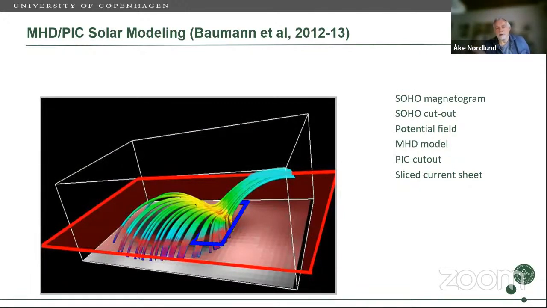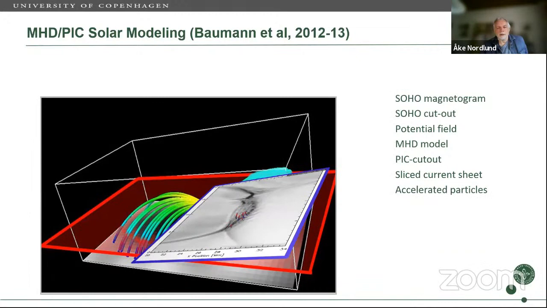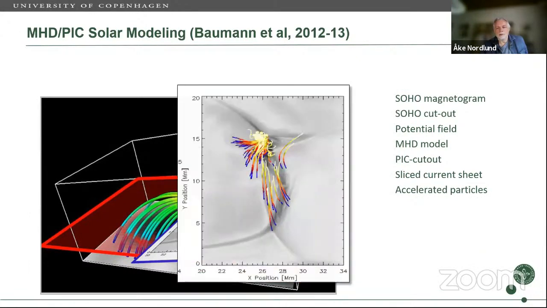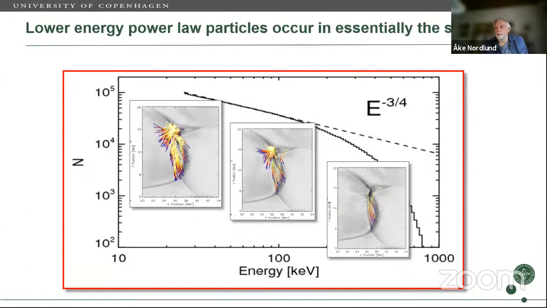Because doing particle-in-cell simulations of the whole sun or whole active region is basically impossible. But you only need it in the neighborhood of critical points, null points or similar things where particles are accelerated. And we were able to use that to understand how particle acceleration works and why you get a power law. I don't have time to get into that.